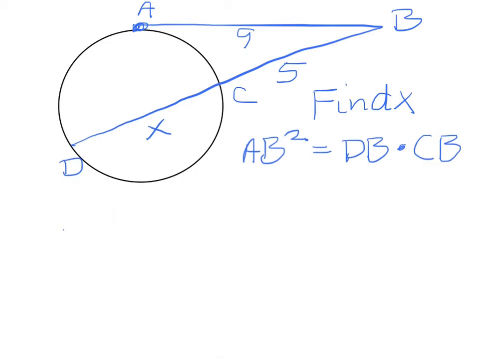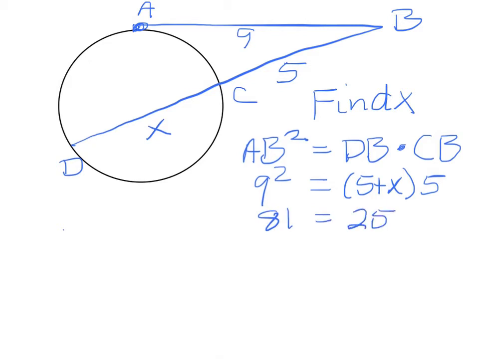If you fill that in, you should get 9 squared equals (5 plus x) times 5. Now you can proceed to solve. 81 equals 25 plus 5x. Subtract 25 from both sides.